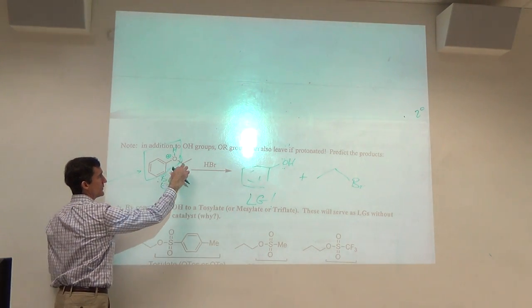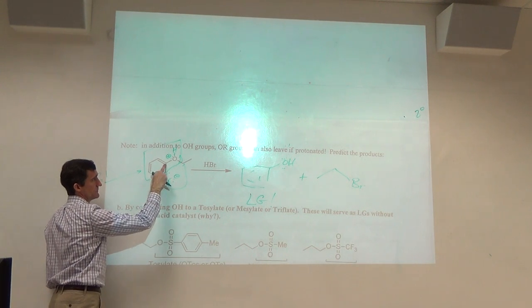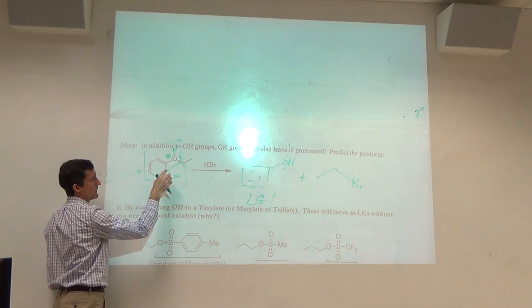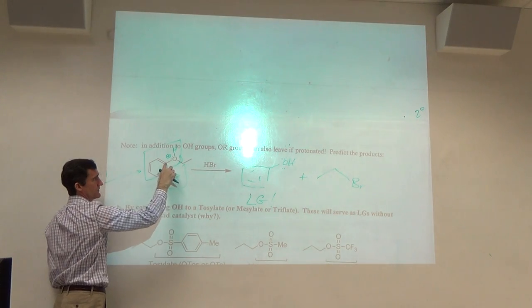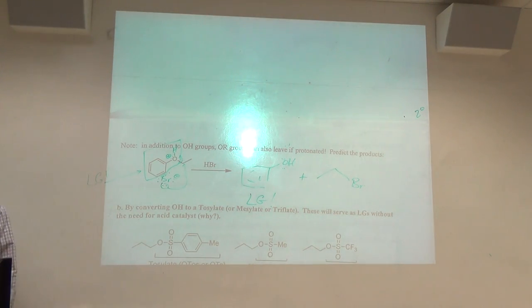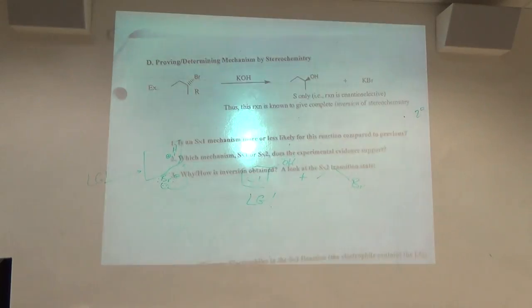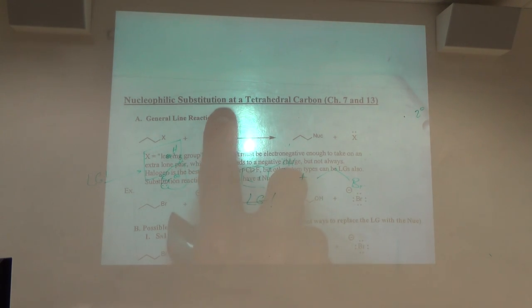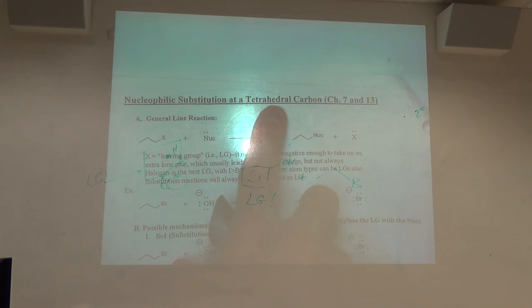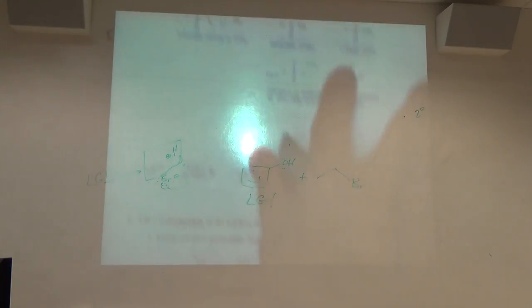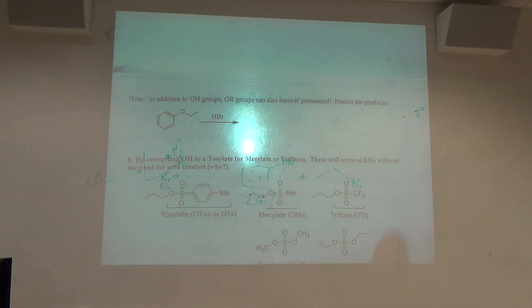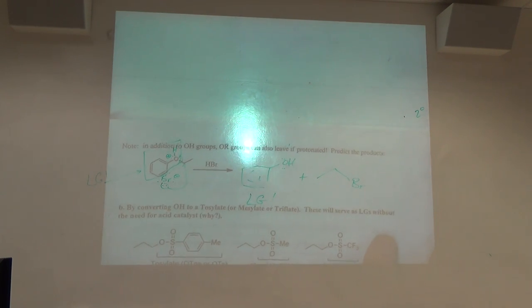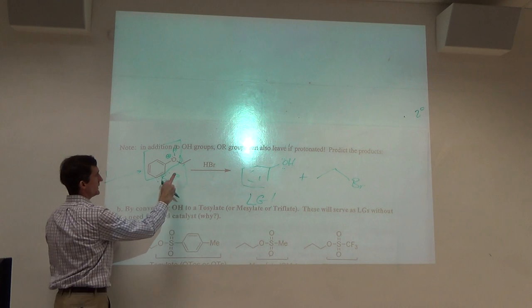Why didn't we attack the carbon on the right, not the one on the left? We could theoretically attack here and kick the oxygen off of that carbon. Well, to answer that, I would ask you to go back to the very beginning and look at the heading. We do this at what type of carbon? Tetrahedral carbon. Which one is tetrahedral, right or left?